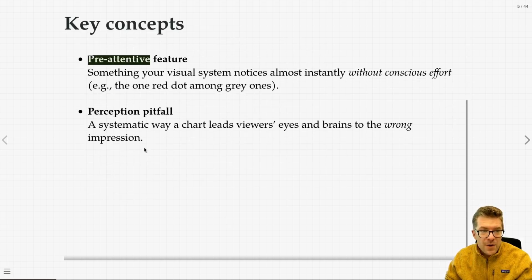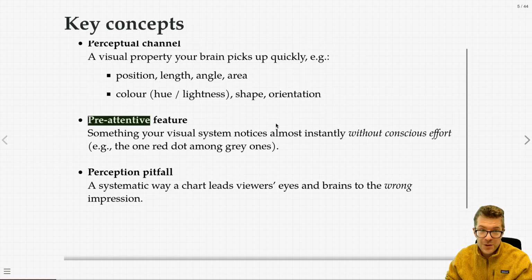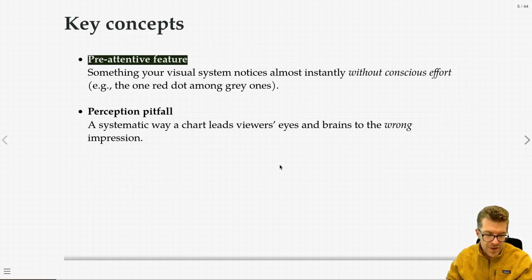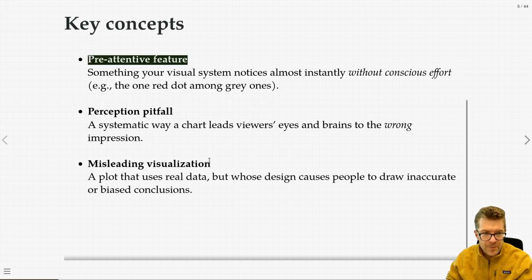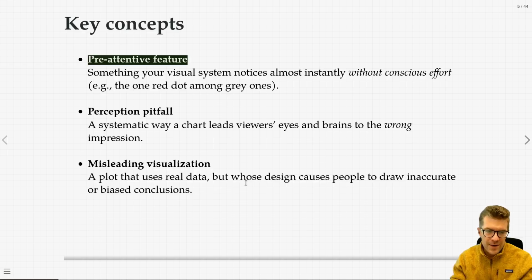A perception pitfall is a systematic way that a chart can lead the viewer's eyes and brain to the wrong impressions. So if you know the biases that humans have in terms of our pre-attentive features, a mischievous person or group might try to take advantage of that to lead us astray. A misleading visualization is a plot that uses real data. Obviously, using incorrect or made-up data is outright fraud.